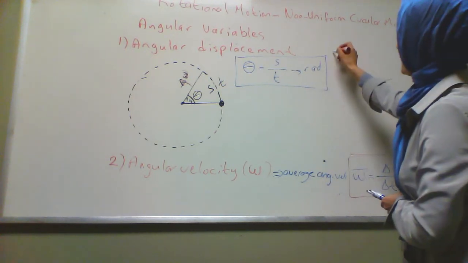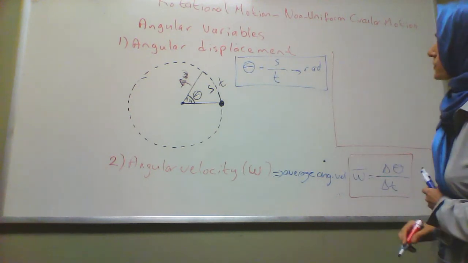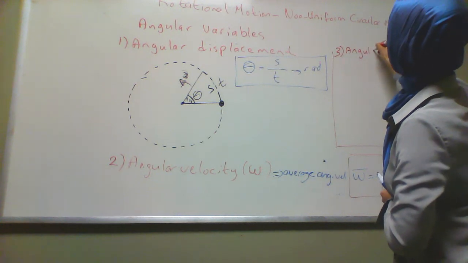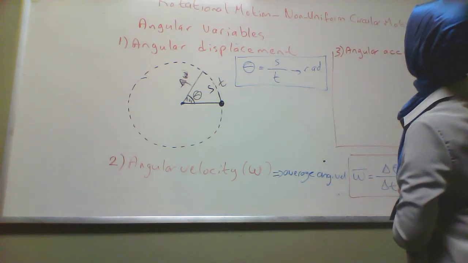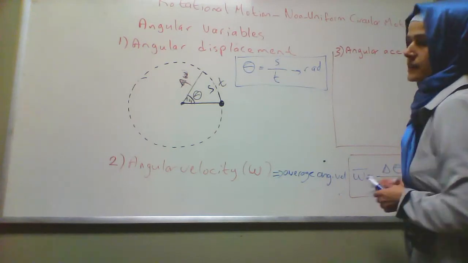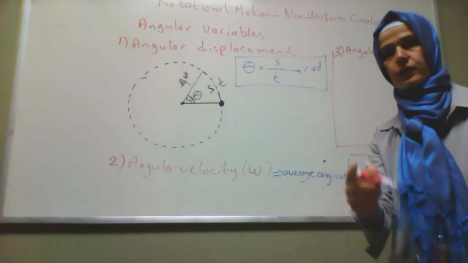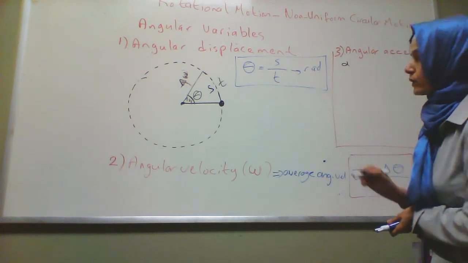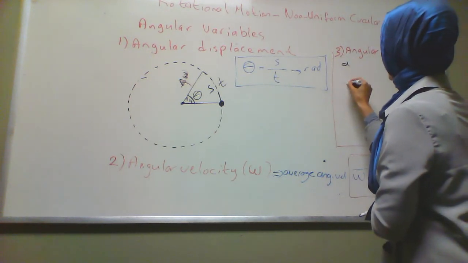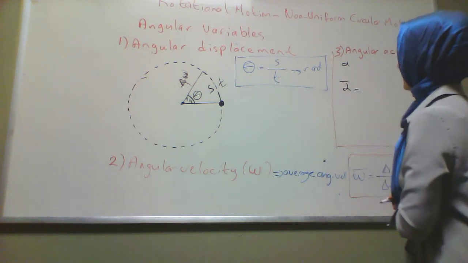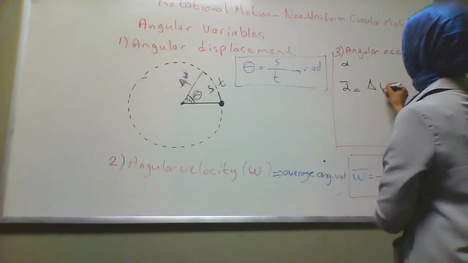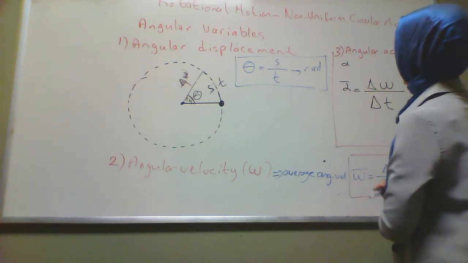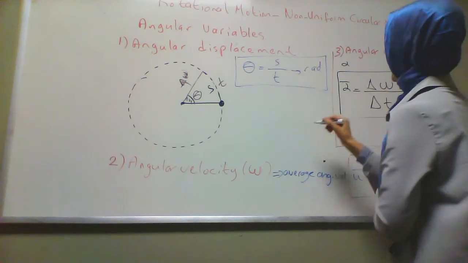Let me put it in here so we can see all these three definitions in the same place. So 3, we will have an angular acceleration. This is the change of angular velocity per unit time. We will call this alpha, a new type of acceleration, and alpha will be equal to, we'll take an average alpha, we'll drop the average sign later on, delta omega, the change of angular velocity, in delta t.